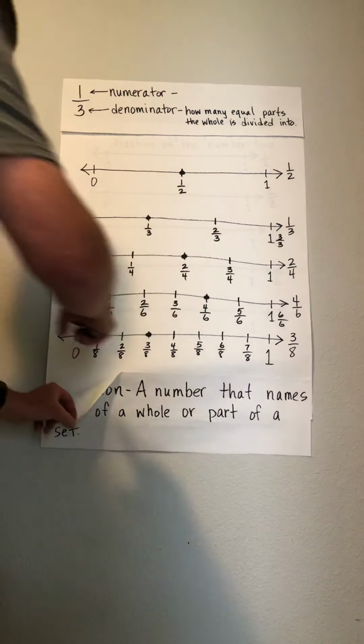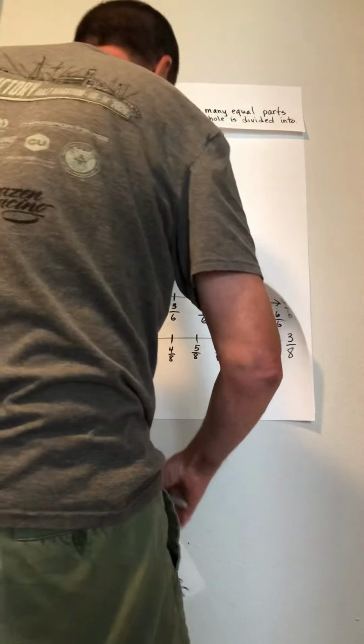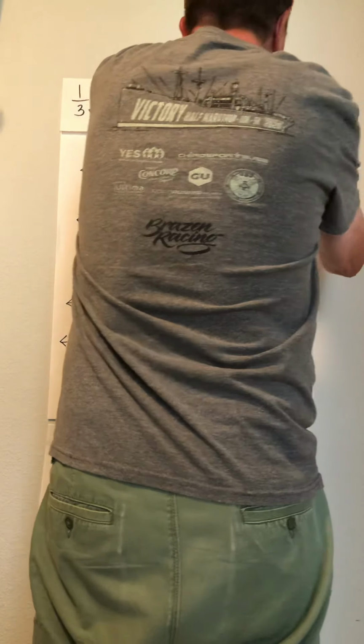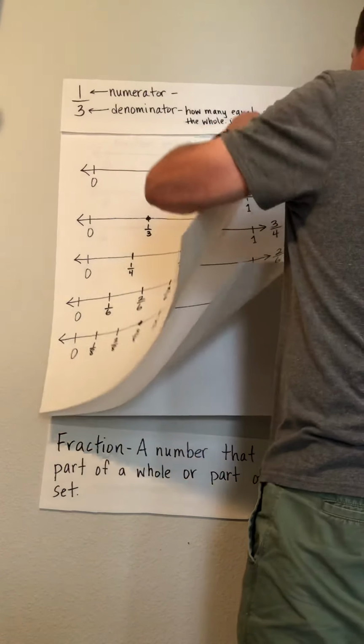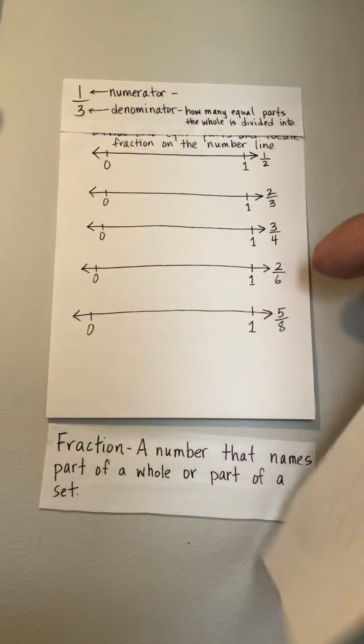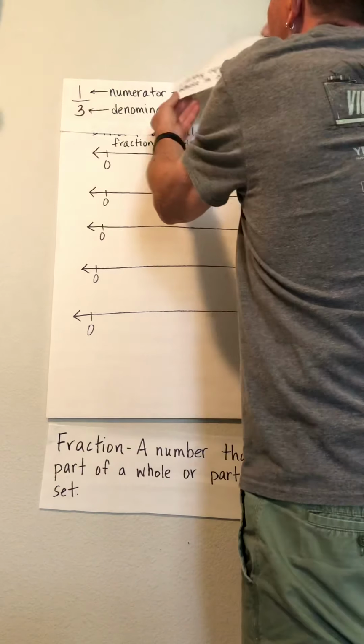So, let me take this off. Let me put this back up here. Let me take the top one off. Okay. So this is what you are doing. Let me move this so you can see the instructions.